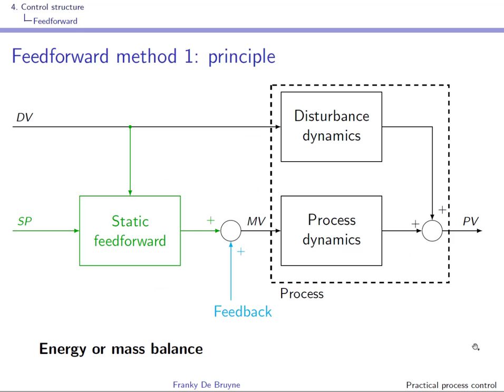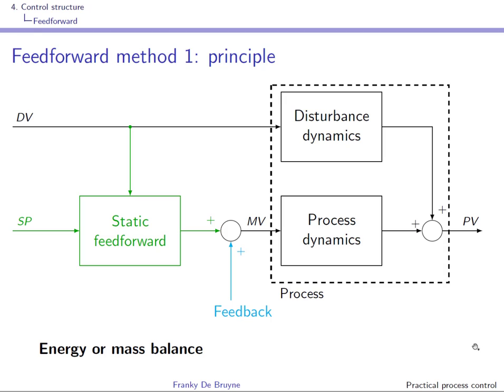The first principle of feedforward is to implement a static feedforward. The idea is very simple. It consists in pre-computing, between quotes, the MV that you need to make sure that the process value PV is equal to the set point given the disturbance dV, or given the disturbances dV.